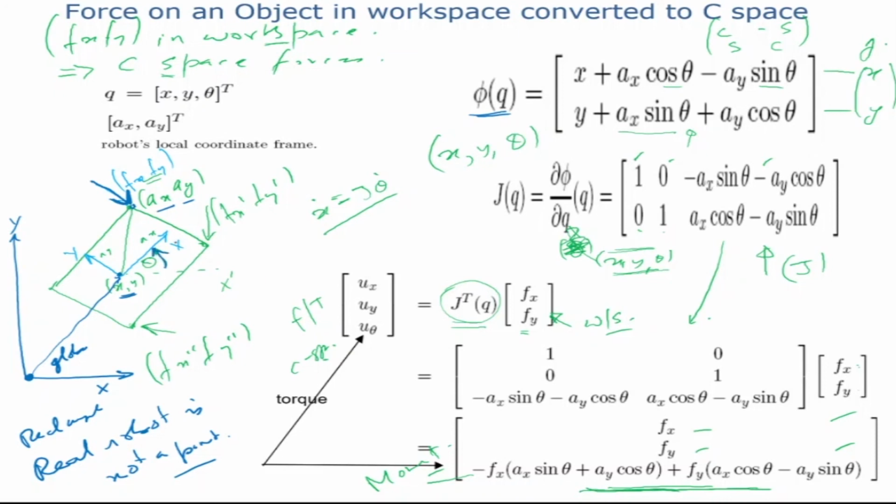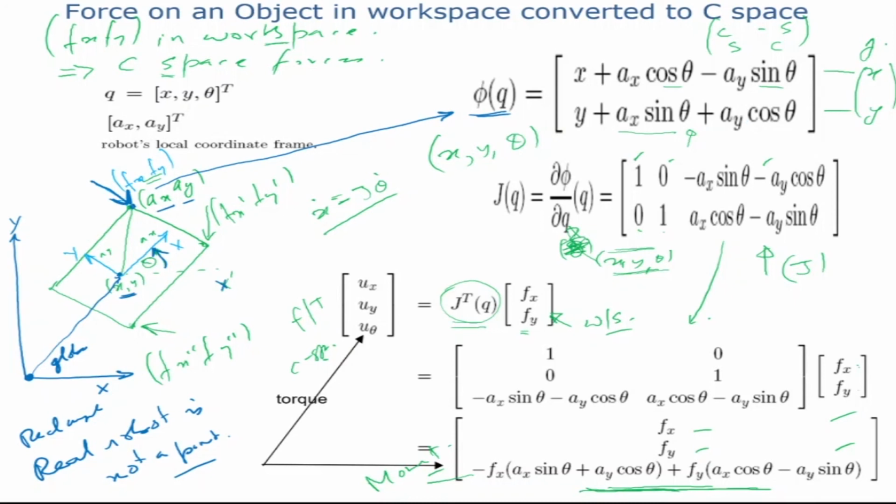The x-axis of the robot versus the global x is theta. So the coordinate of that point is given by x plus ax cos theta minus ay sin theta, and y plus ax sin theta plus ay cos theta.